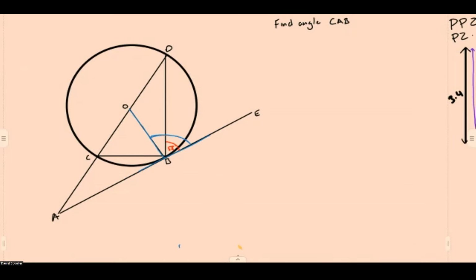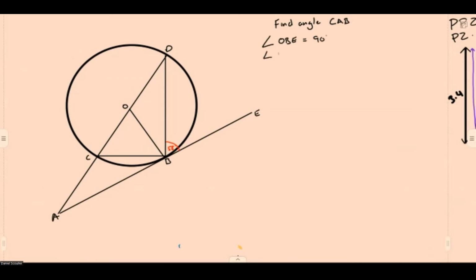Now we've got this 58 degrees, so what we're left over with will be 90 minus that 58. Just write that out. Instead of writing the word angle, I'm going to draw this wee symbol, which just refers to angle. So angle OBE is equal to 90 degrees.